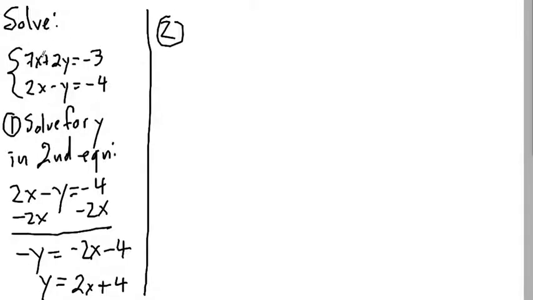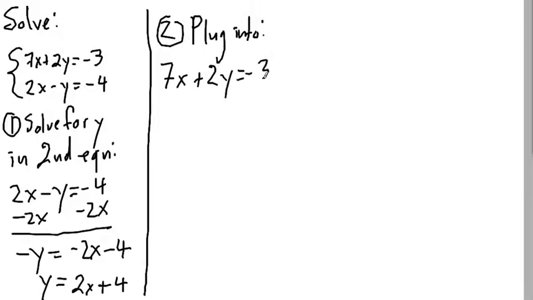Last time we solved for x in the first equation, so we had to replace x in the second equation. This time we solved for y in the second equation, so we've got to replace y in the first equation. So we'll plug this into the first equation, 7x plus 2y is equal to negative 3.